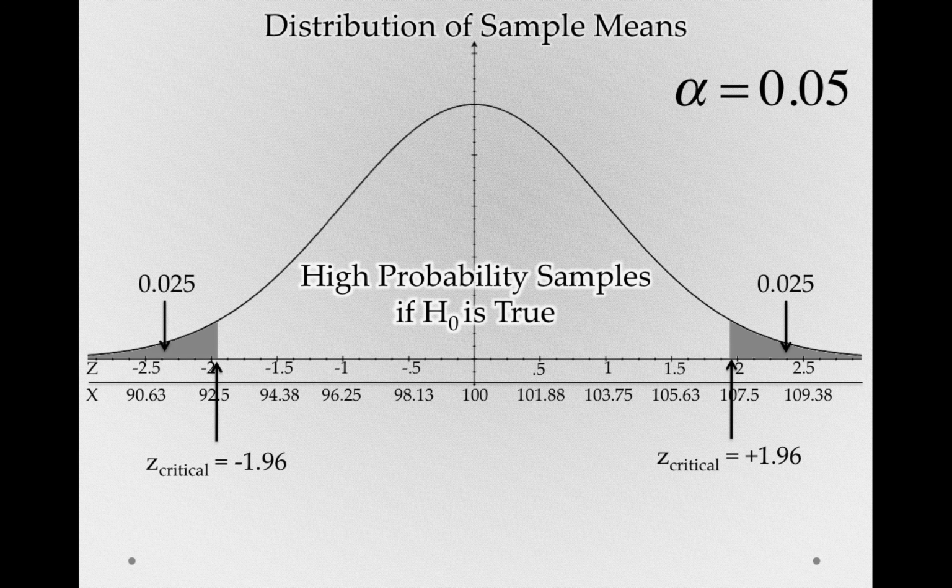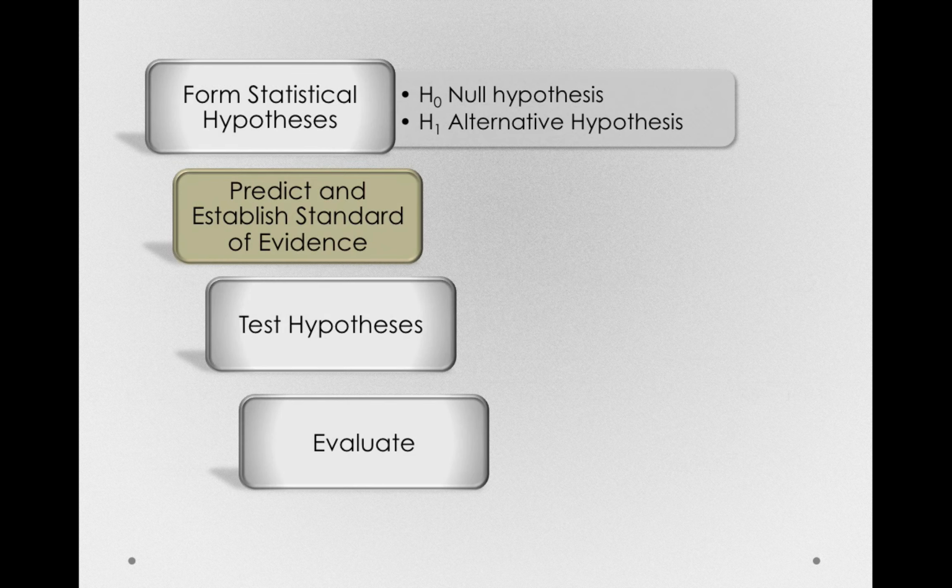We'll see later that it'll be more convenient for us to compare our sample p-value against our alpha value. But we'll come back to that when we evaluate our hypotheses. So in predicting and establishing evidence, we are specifically defining our alpha level. That is, the value or the probability that we consider to mean unlikely enough where we're willing to reject the null hypothesis as a reasonable explanation.